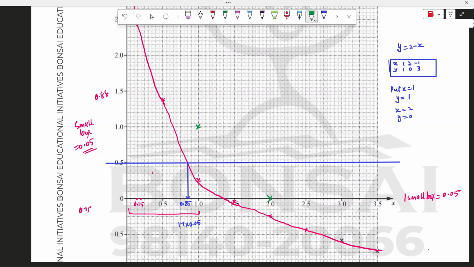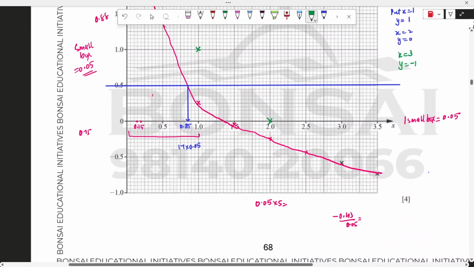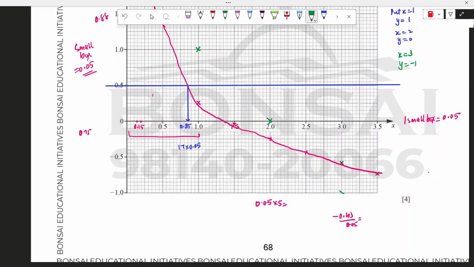We put x equals, let us assume, 3 here. x equals 3, then y will be 2 minus 3, which is minus 1. So let us leave this, 3 and minus 1. Okay, so x is 3, y is minus 1. 3 and minus 1 will go here down, and let us draw this.